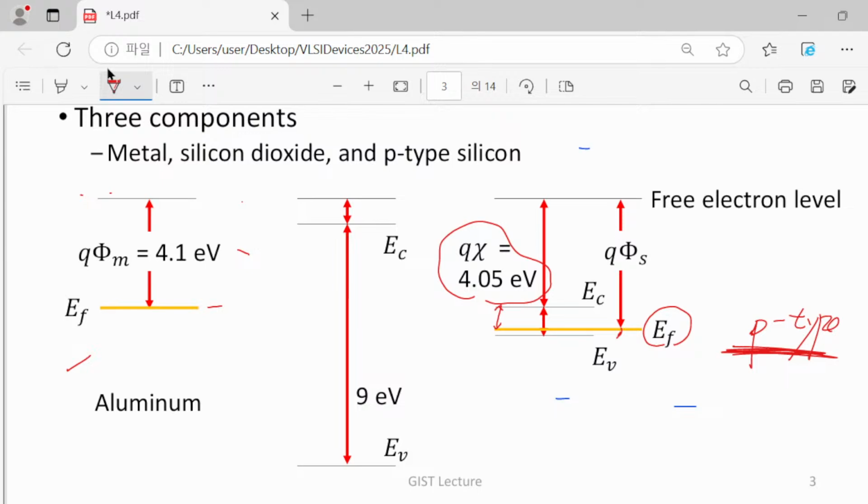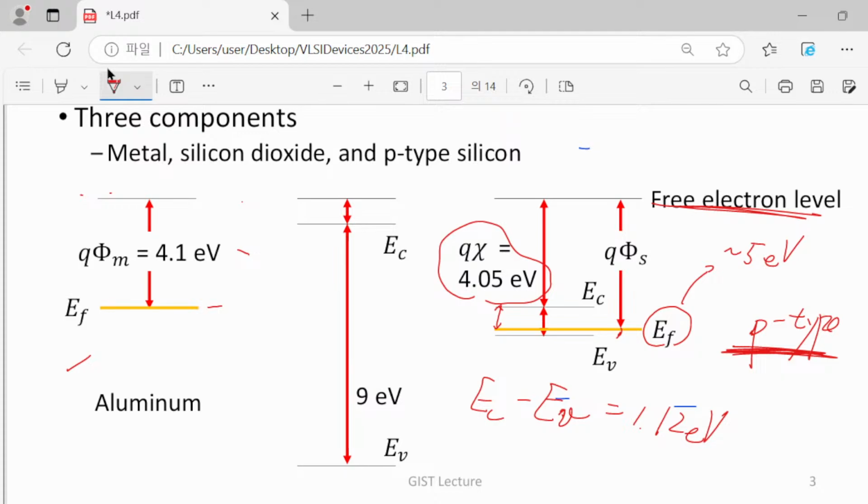Please remember that this band gap, EC minus EV, of silicon is about 1.12 eV. So you will find that if this is the case, then our Fermi level seen from this vacuum level is about 5 eV or even higher.